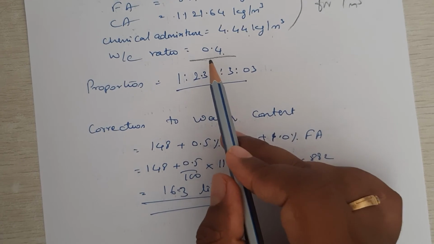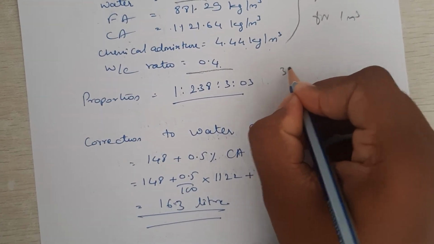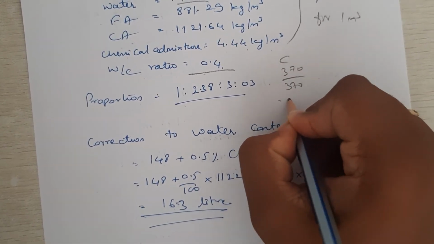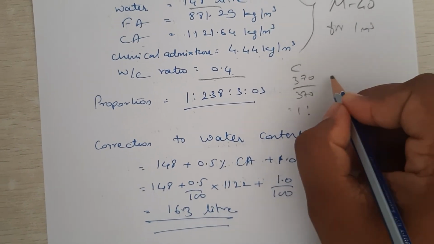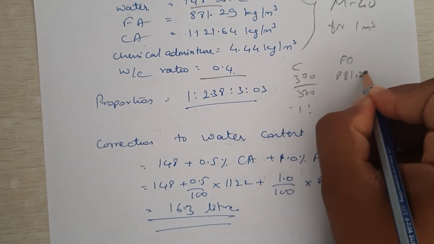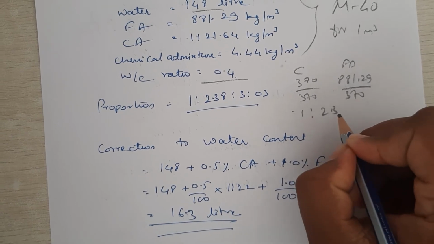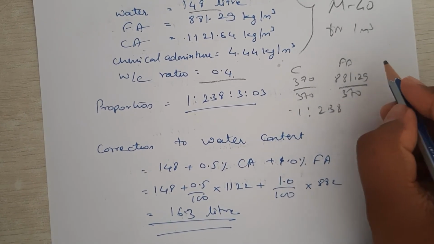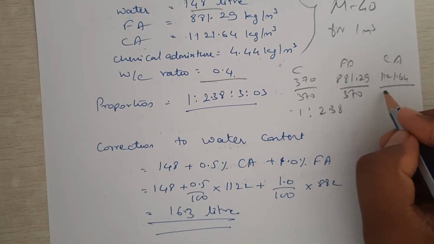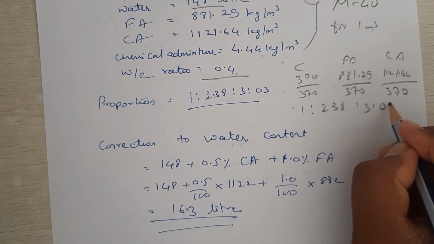So how do we calculate the proportions? First we will take the 370, this is cement, 370 divided by 370, it will become 1. For fine aggregate, 881.29 divided by 370 will become 2.38, and again for coarse aggregate, 1121.64 divided by 370 will give 3.03.